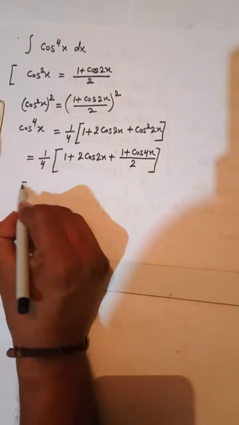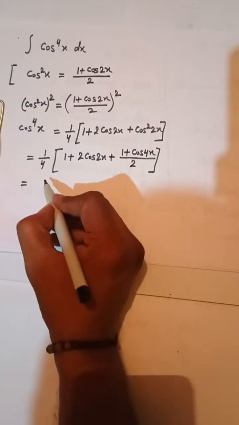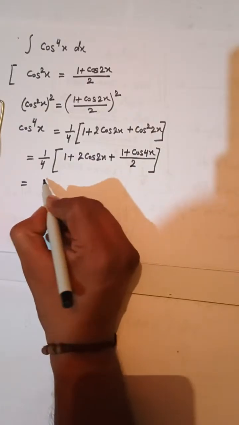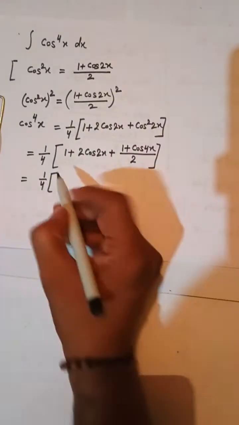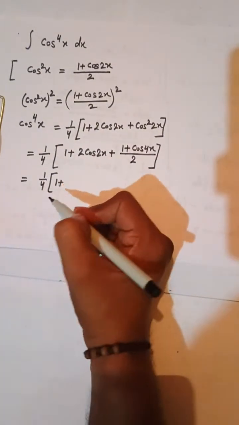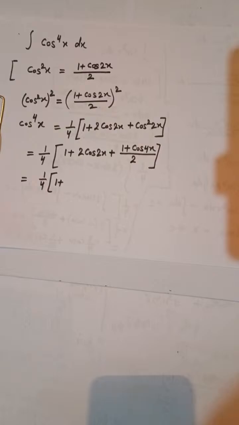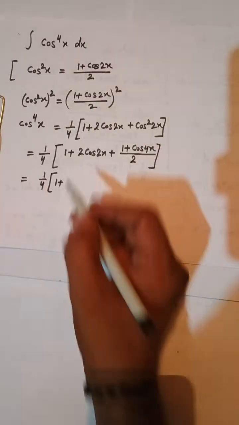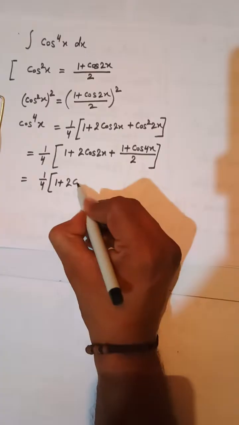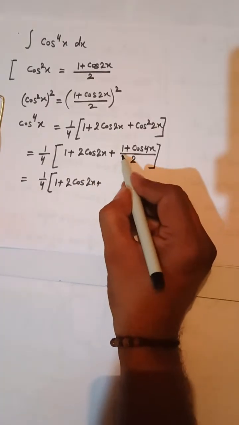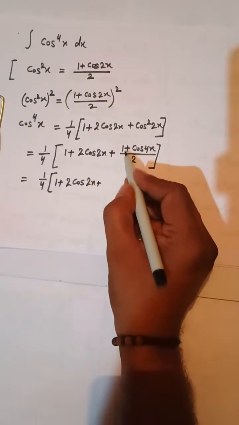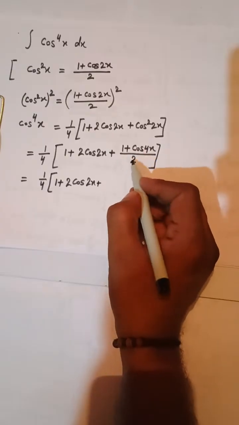Okay, on the last I can write easily. 1 by 4, then 1 plus 2 cos 2x plus 1 by 2 plus cos 4x by 2.